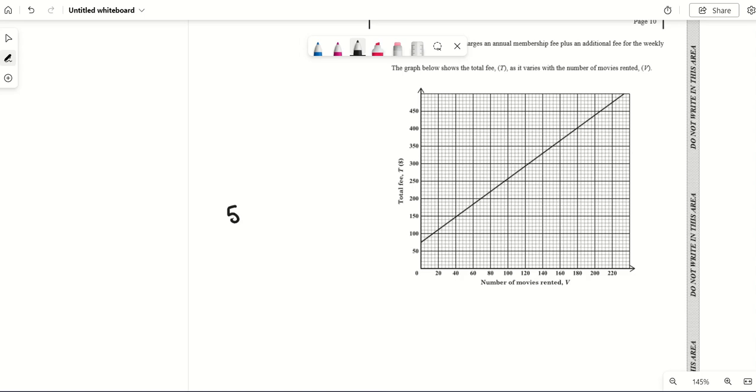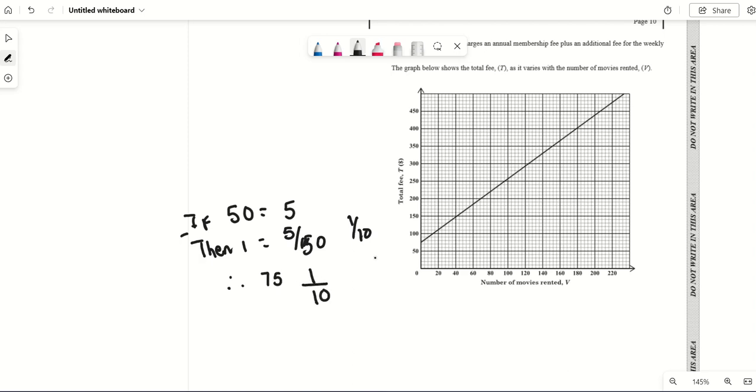So we know 50 is equal to how many spaces? 5. If 50 is equal to 5, then 1 is equal to 5 over 50, which is 1/10. And therefore, we want to know how much is 75, which will tell us how many spaces.